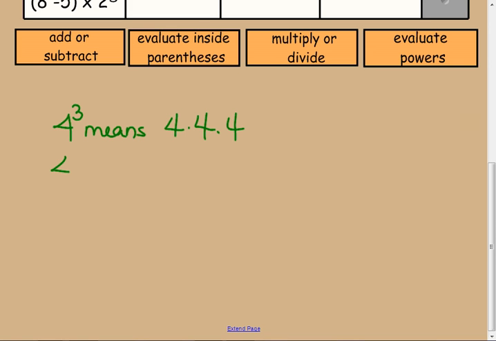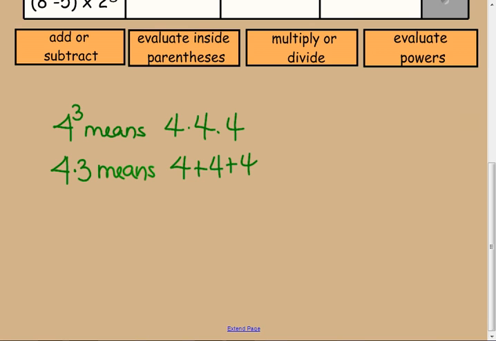What if I have 4 times 3? You know what that means? 4 plus 4 plus 4. So multiplication is shorthand for repeated adding. Exponents are shorthand for repeated multiplying. Well, you probably never thought of that before, but that's what it is. We need to know that.